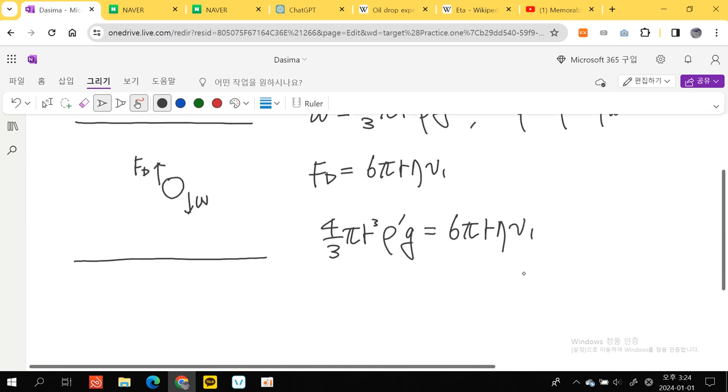And we can simplify this equation and solve the equation for the radius.